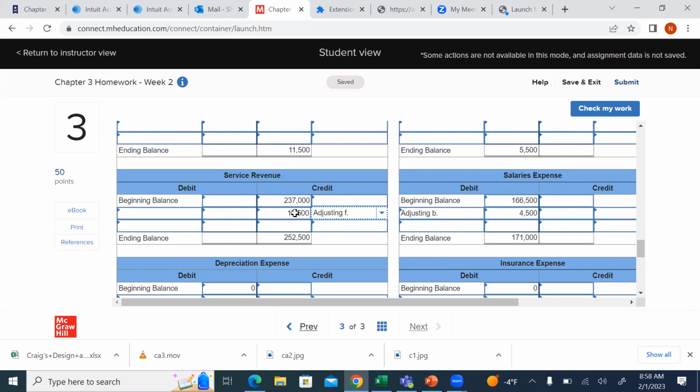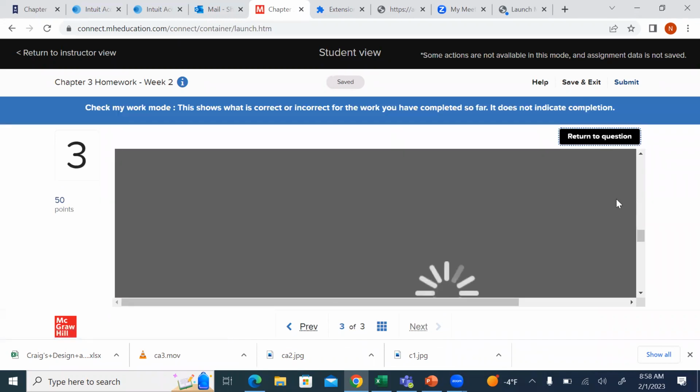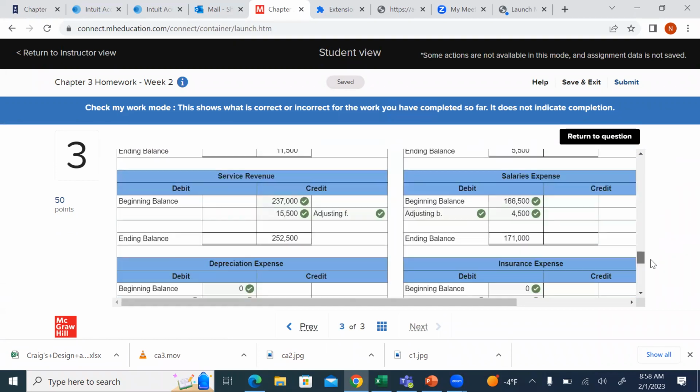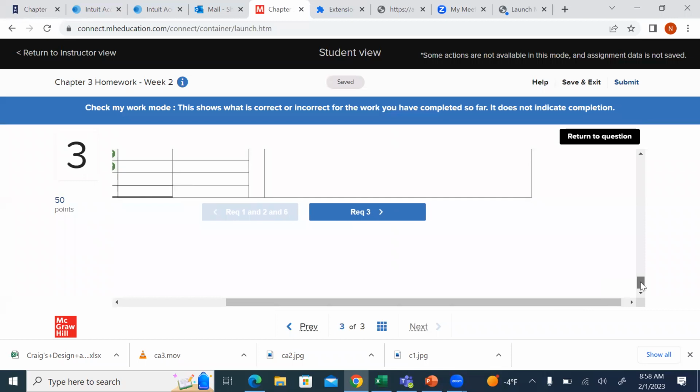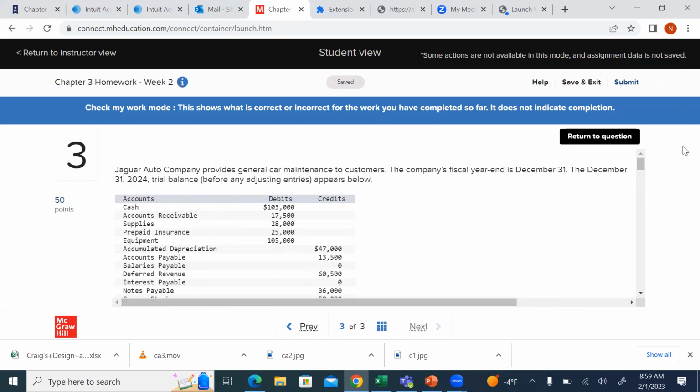Okay? Are we doing okay now? So let's just check our work, make sure I didn't screw something up. Looks like we're okay so far. Now that was step 2.